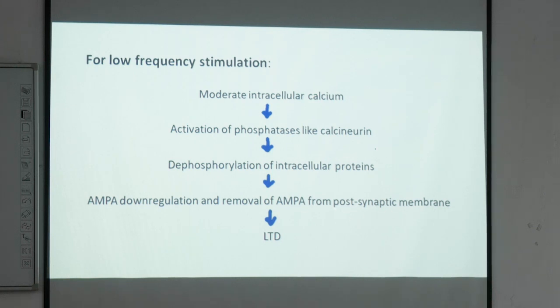This leads to long-term depression. So long-term potentiation upregulates AMPA channels in the postsynaptic membrane, and downregulation of AMPA channels from the postsynaptic membrane is long-term depression. No need to go into more detail; it is not required for your level.